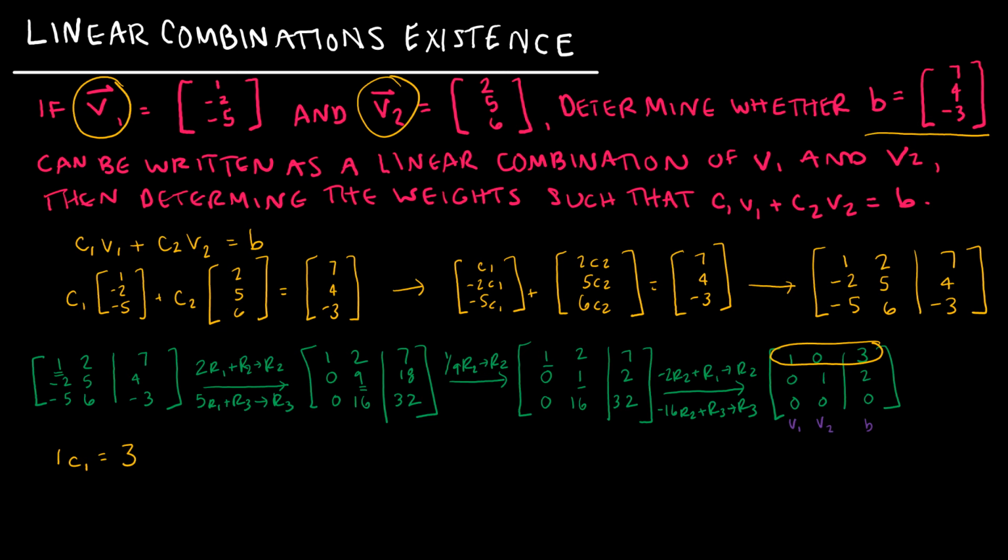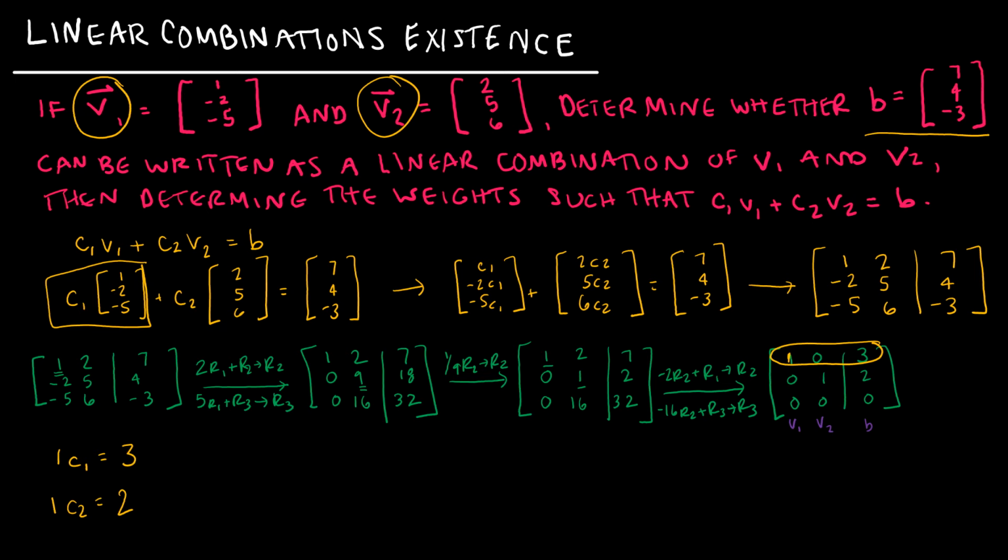Now again, where did I get that? From right here. I've taken C1 times that V1. So what I've done here is I've got 1 C1 is equal to 3, and I've got 1 C2 is equal to 2. So the question is, can it be written as a linear combination of V1 and V2?